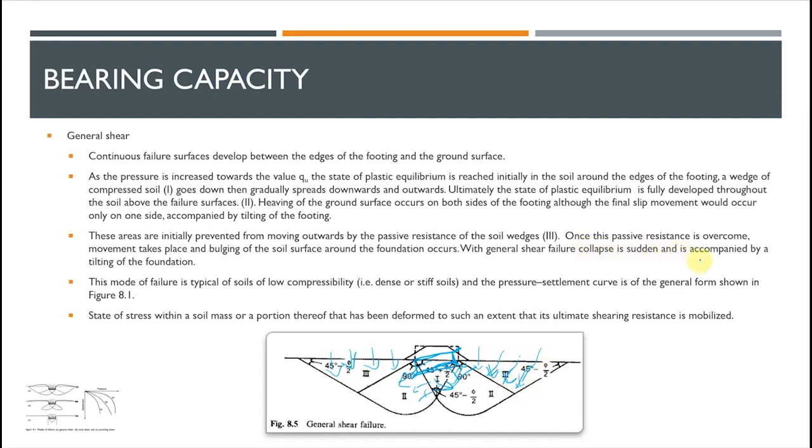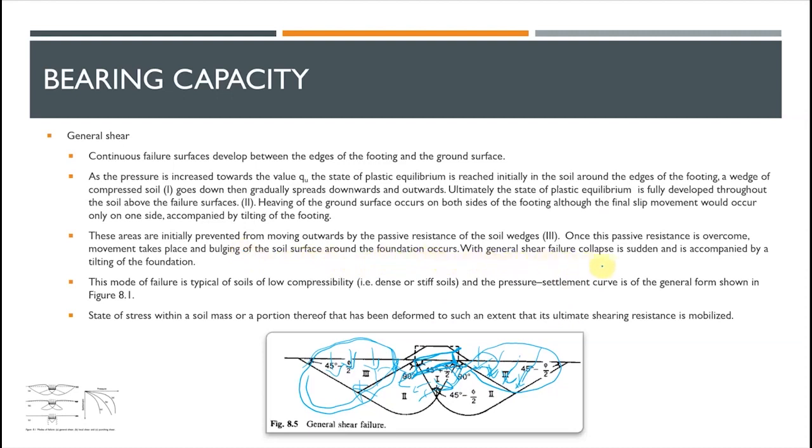Once this passive resistance is overcome, movement takes place and bulging of the soil surface around the foundation occurs. So if this one fail, passive resistance ni cannot resist the force that's coming from all this direction whatsoever, akan ada bulging of the surface soil around the foundation.